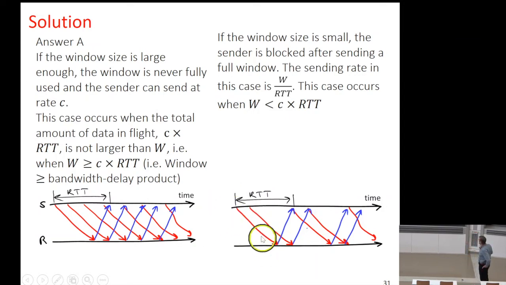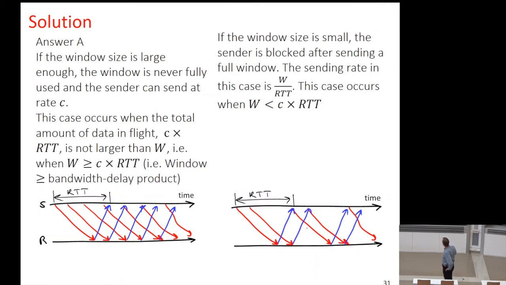I send at the rate of the line, these two red arrows, then I have to wait for the acknowledgement of the first one. If I had not waited, I could have sent the second packet, but I have to wait here. So if the window is smaller, then, if we do a similar analysis as we did for the stop-and-go protocol, the rate at which we send is the window size divided by the RTT.